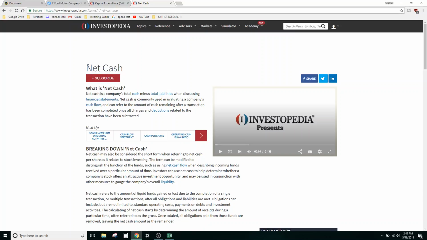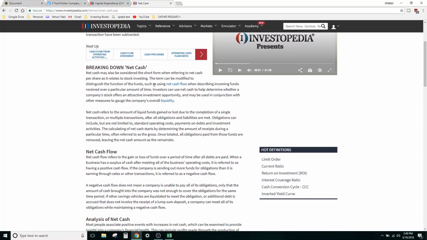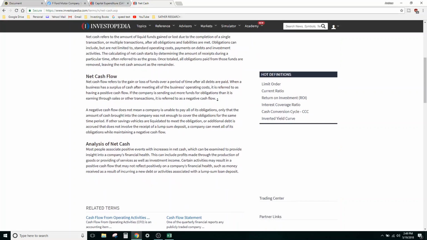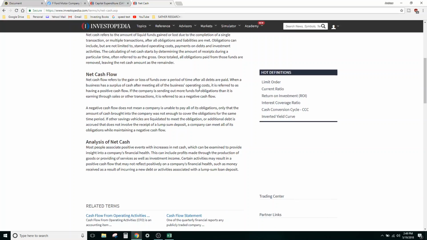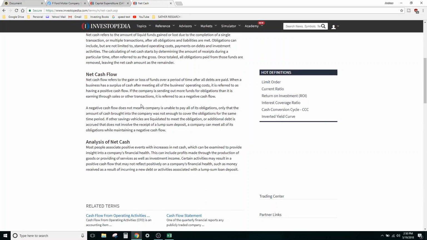So the way Investopedia talked about it is total cash minus total liabilities. So they're talking about cash flow. That's not what I want, right? They're talking about liquidity. They're saying negative cash flow doesn't mean that a company can't pay all of its obligations.